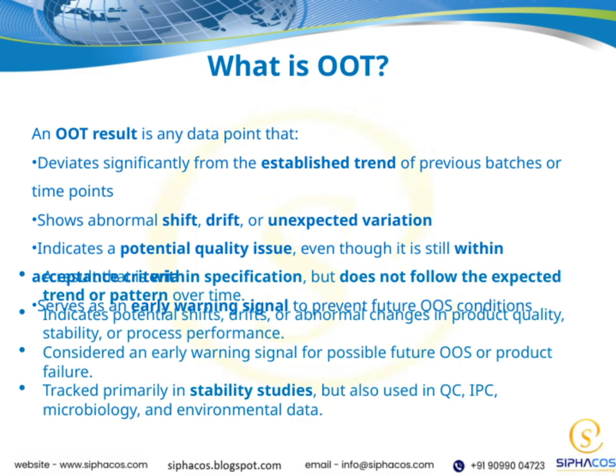By catching these early, we can investigate and address potential quality issues before they become serious problems. So, in summary, understanding and monitoring OOT results helps us maintain product quality and process stability, acting as a proactive measure to prevent future failures or out-of-spec conditions.